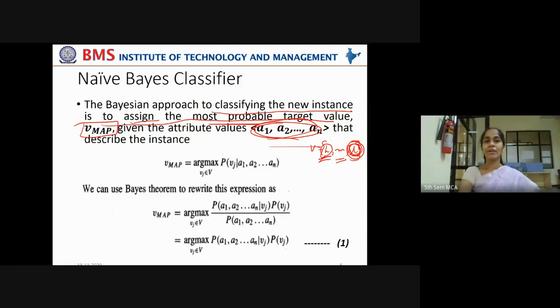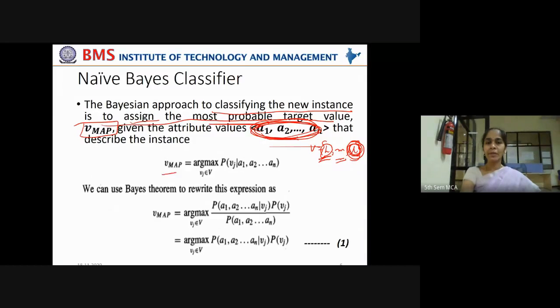That is what is given here. V map is whichever target label has the highest probability of occurring with this new instance, with the combination of attributes in this new instance given. So that will be assigned as the outcome label.